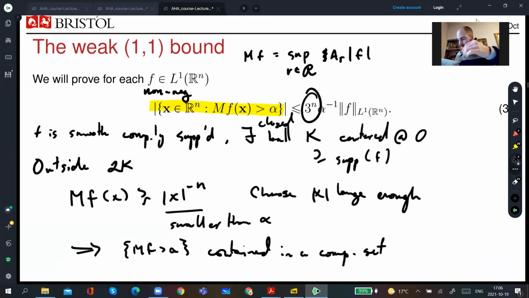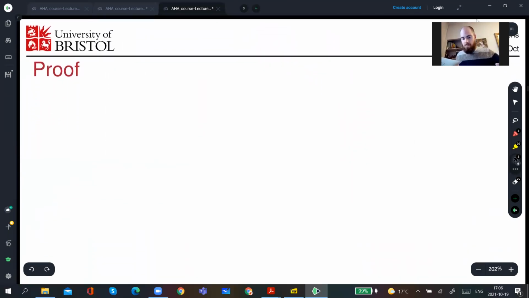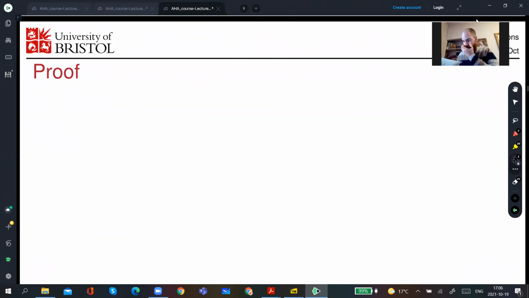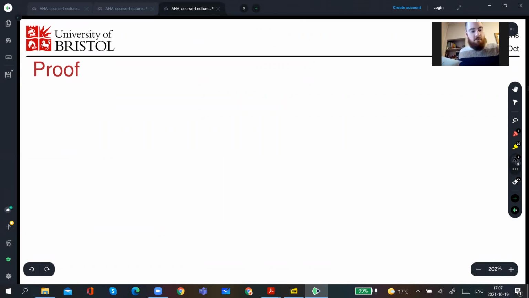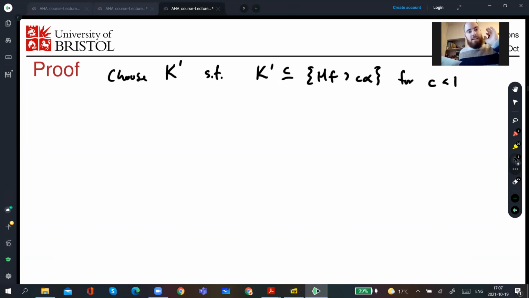Let's call that K prime. You can choose K prime such that it's also contained inside the maximal function greater than, let's say, C alpha, for C smaller than 1 but close to 1, maybe 0.99.